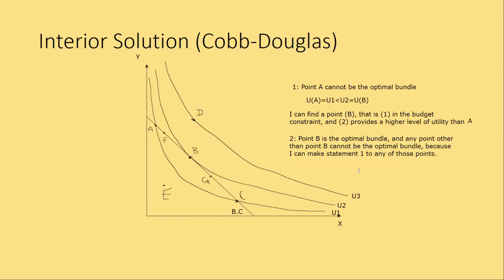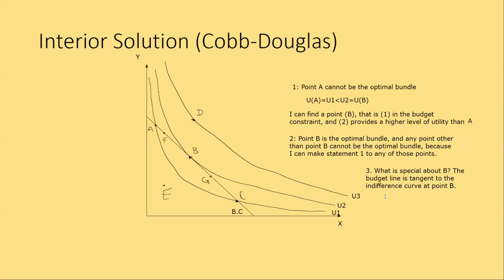So what is special about point B? The third statement is what is special about the optimal point.